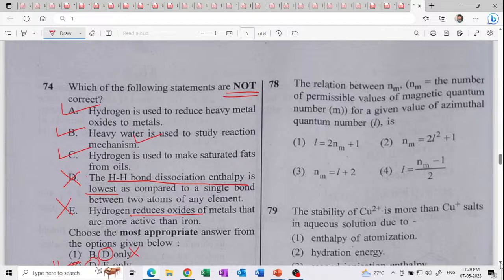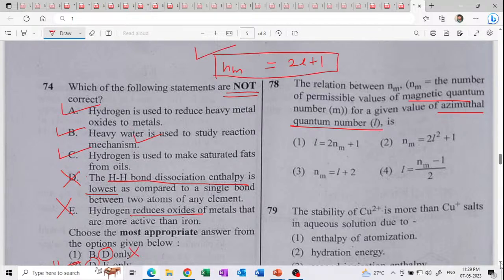The relation between nm, that is the number of permissible values of magnetic quantum number, and the given value of azimuthal quantum number. So this is twice l plus 1. nm has the value twice l plus 1. So this is the magnetic quantum number.